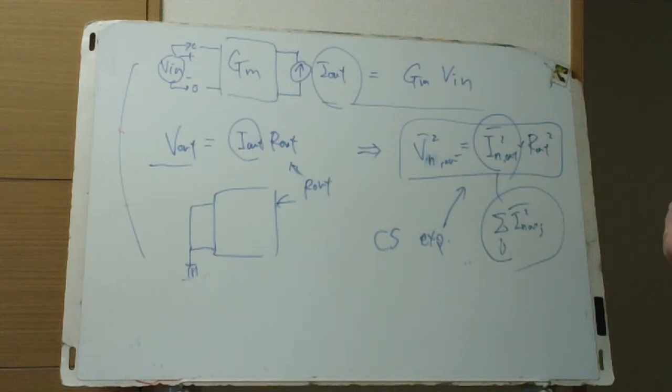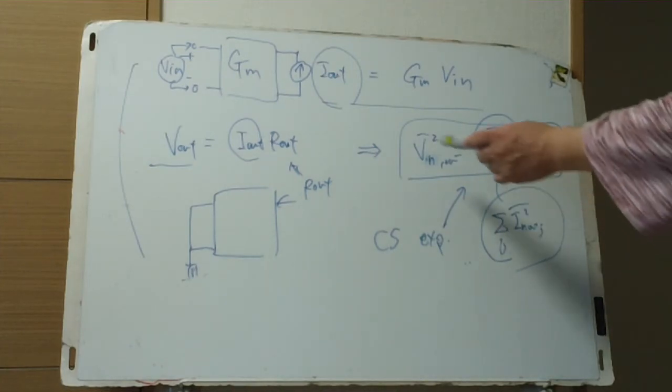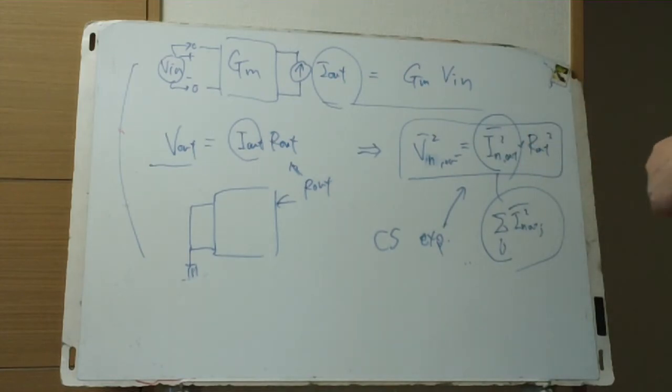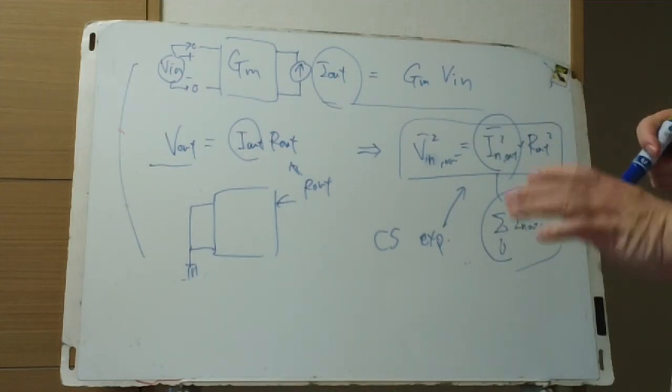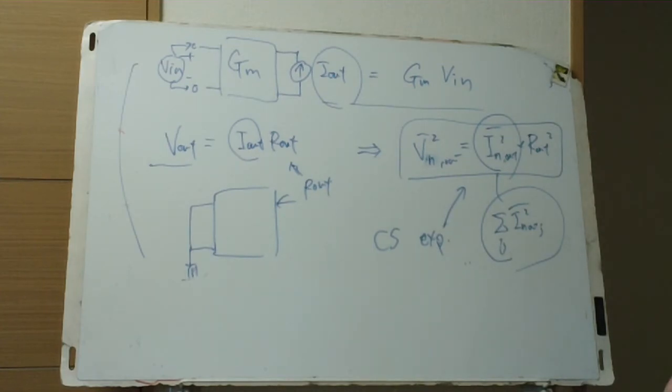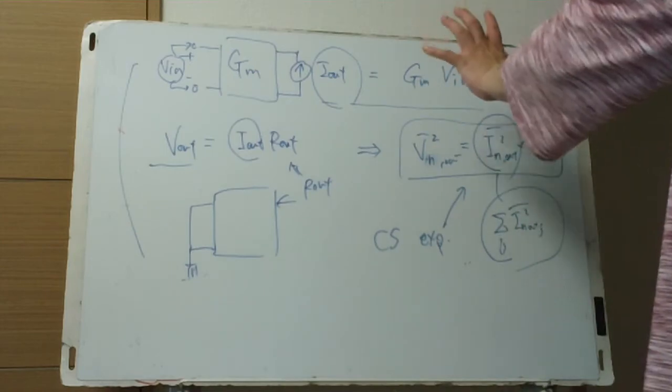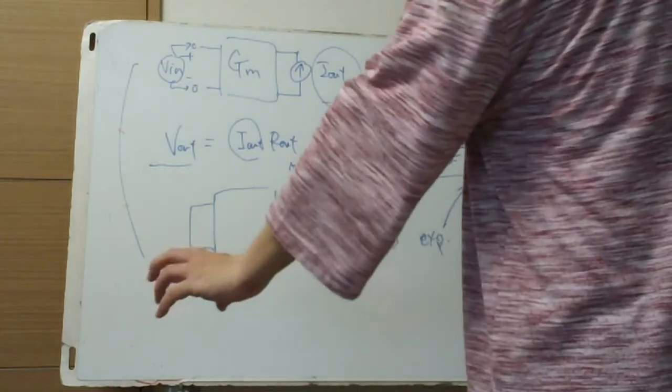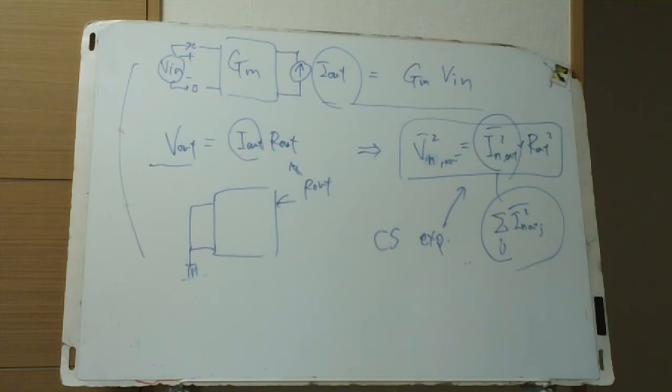The expression is very easy, and our Rout is just RD when lambda equals 0. And we get this. Input referred noise comes after that, but I've already said and explained it. I use 3 expressions to derive the output voltage noise and input referred noise in these CS cases.